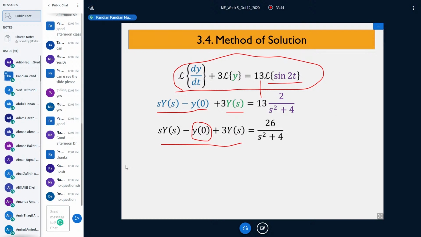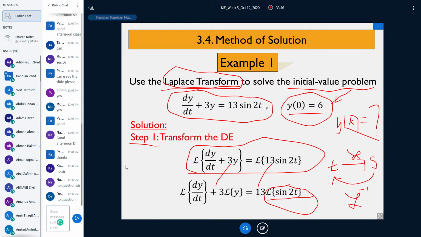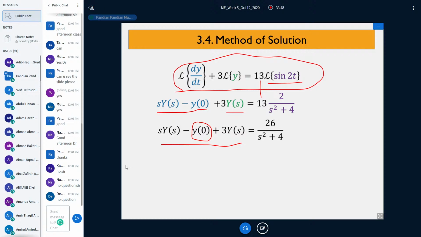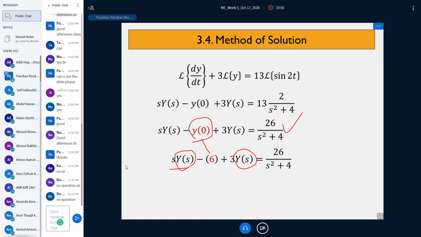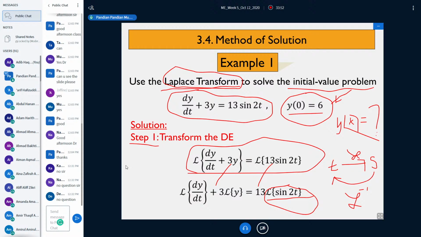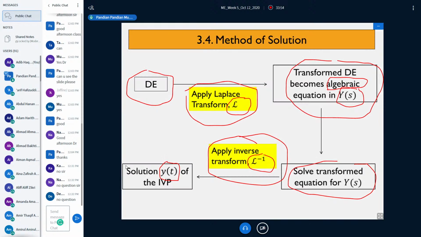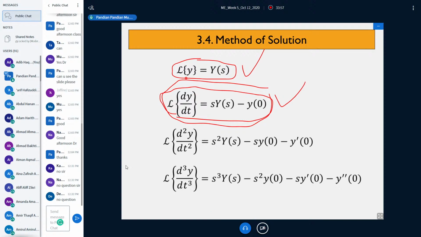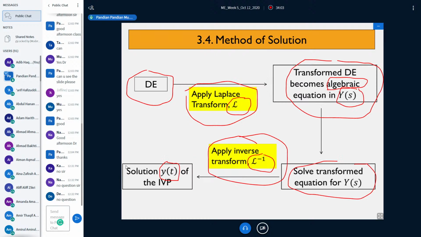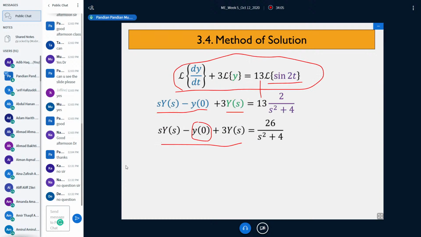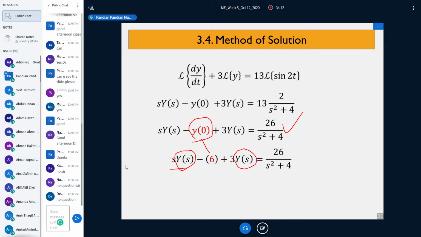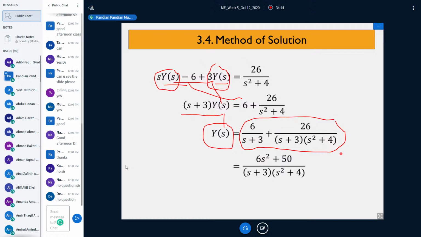Laplace of y(t) is Y(s), so the inverse Laplace of Y(s) is y(t). So you have to find the inverse Laplace. We are now going to find the inverse Laplace of the right-hand side.